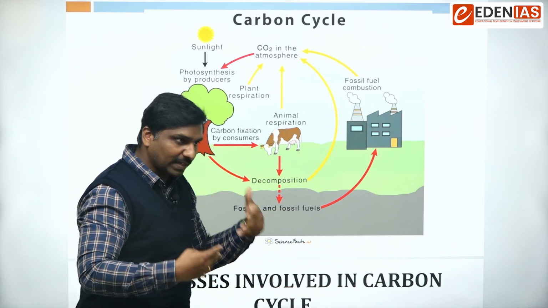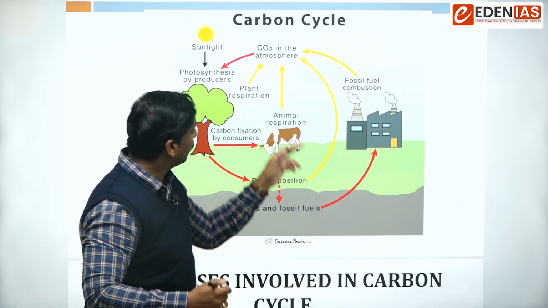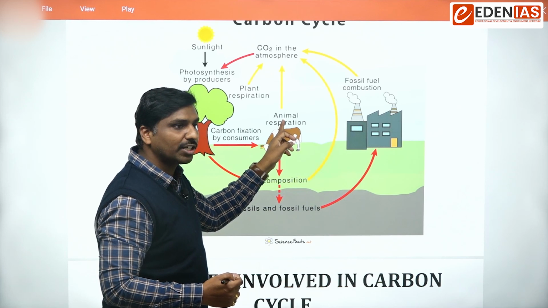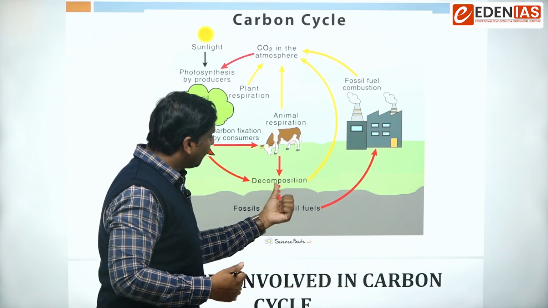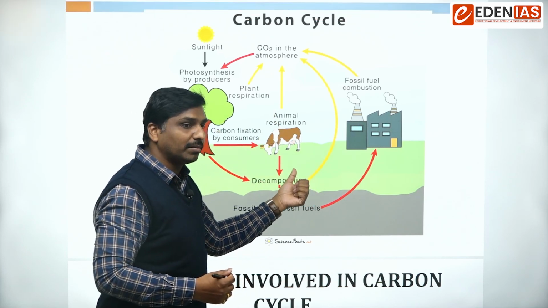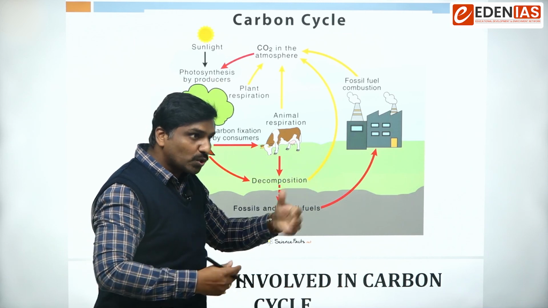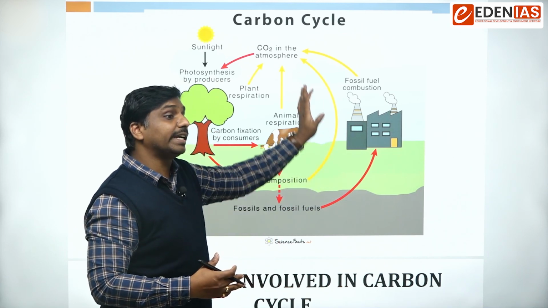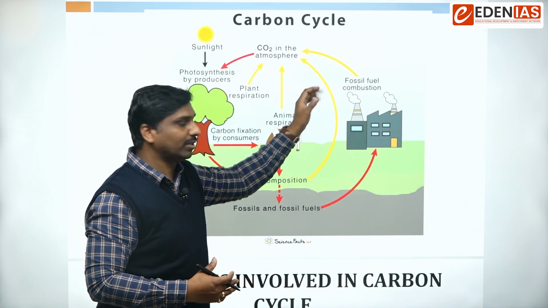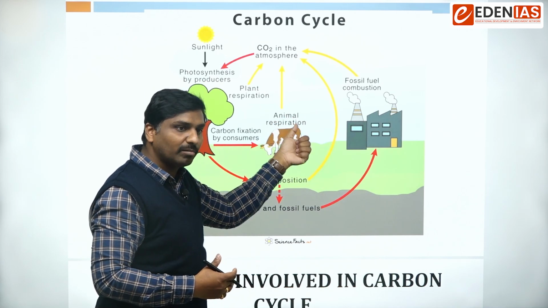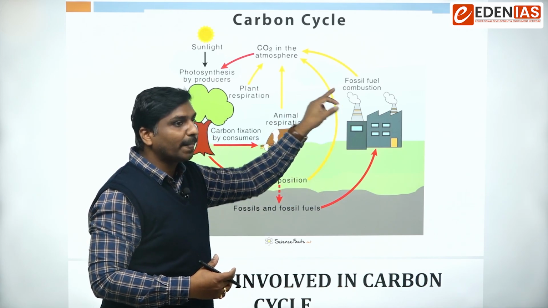Plants and animals, when they respire, release carbon dioxide. Apart from this, carbon dioxide would be one end product in decomposition. So plant and animal respiration, decomposition and combustion.